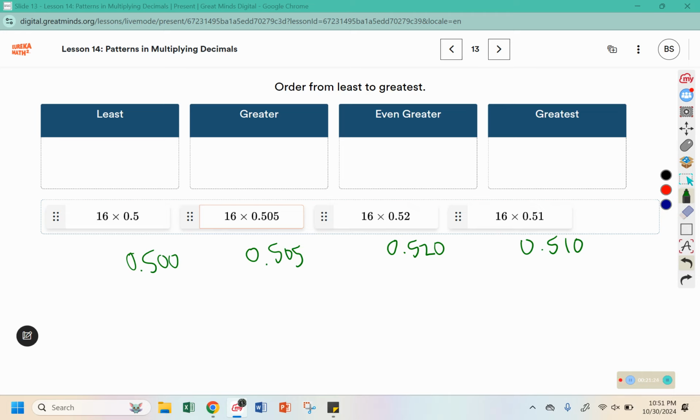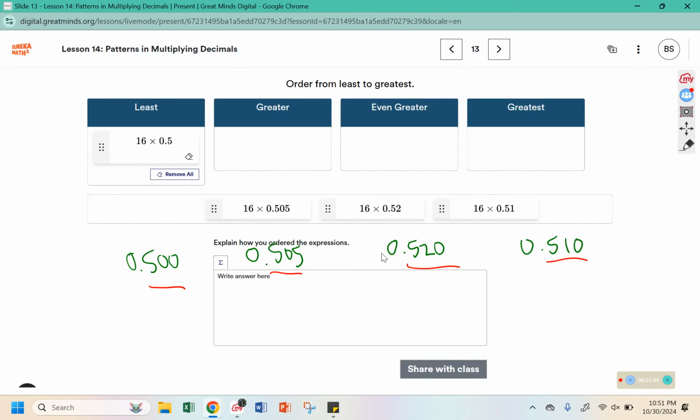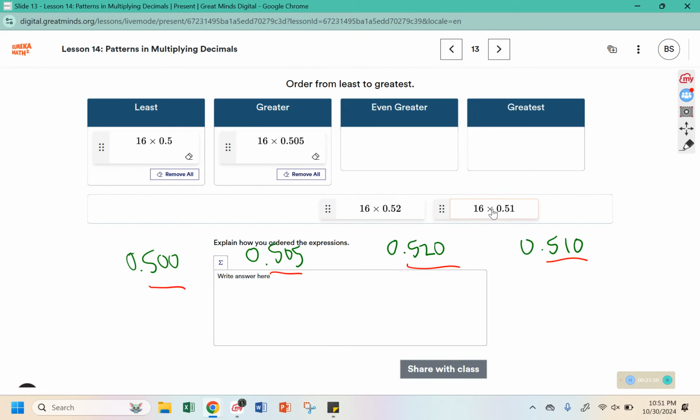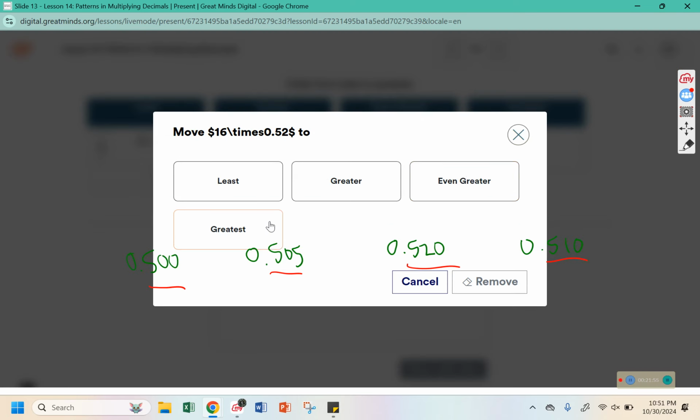So if we were to put them in order from least to greatest, 500 is smaller, then 505 would come next, 510, and the greatest would be 520. So let's rearrange these. The first one, or the least, is going to be this guy. Then we have this one up next. 510 would come after that, and 520 is the greatest.